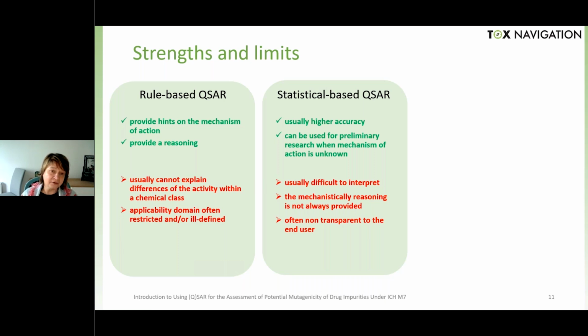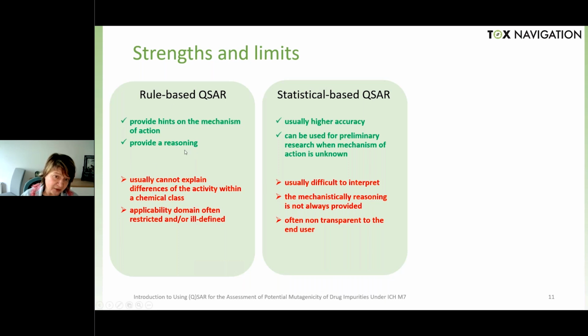If you think how these methods are built, we are trying to find functional groups that are responsible for mutagenicity, but it is difficult to also consider the possible mitigating factors of the presence of this functional group.